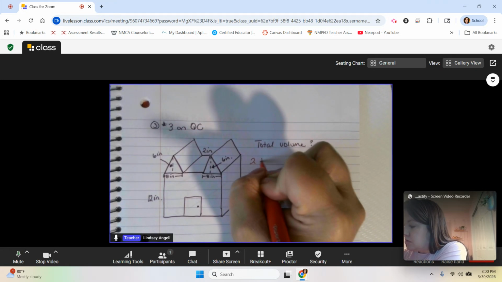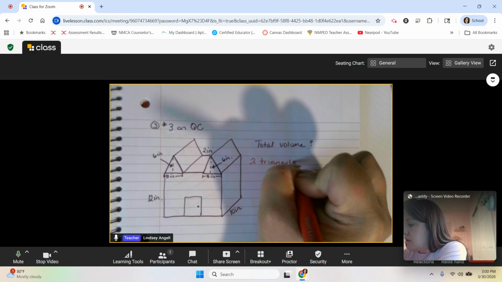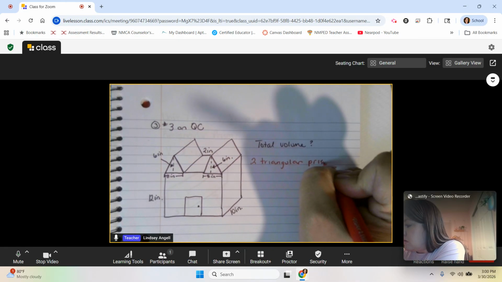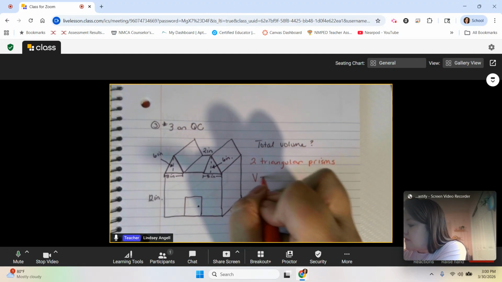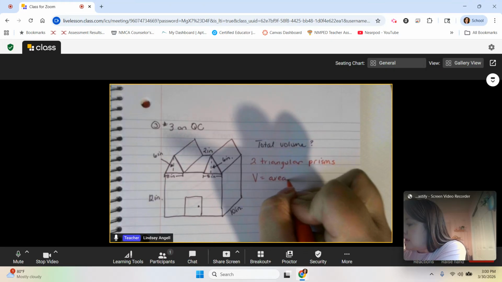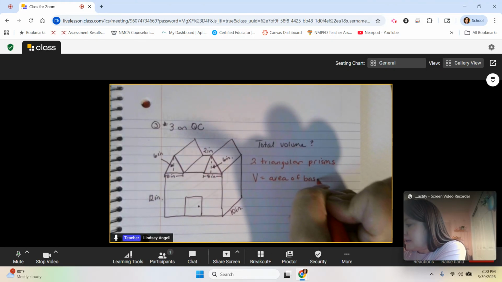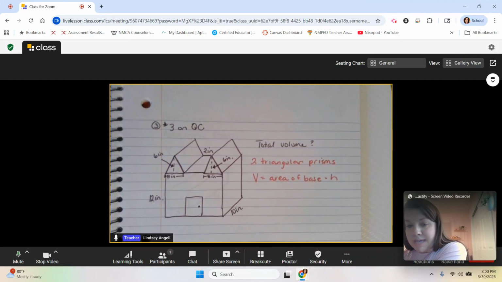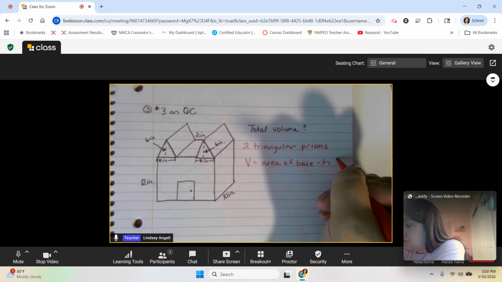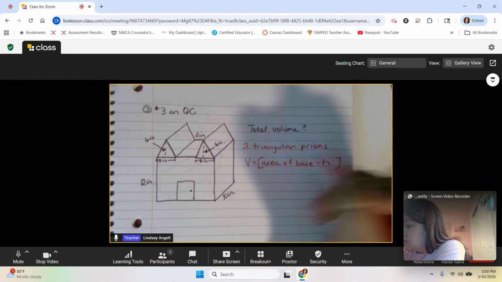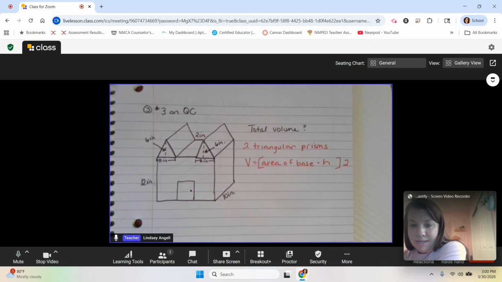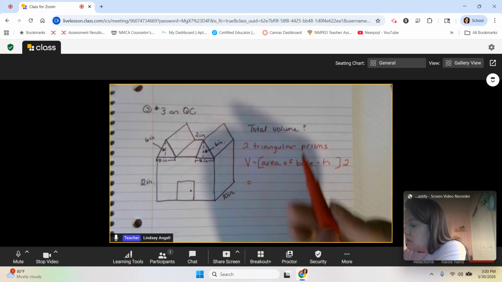Okay, so 2 triangular prisms. Well, again, the volume is equal to the area of the base times the height. But we have 2 of those. So we're going to take that whole thing and we're going to multiply it by 2. So let's see.